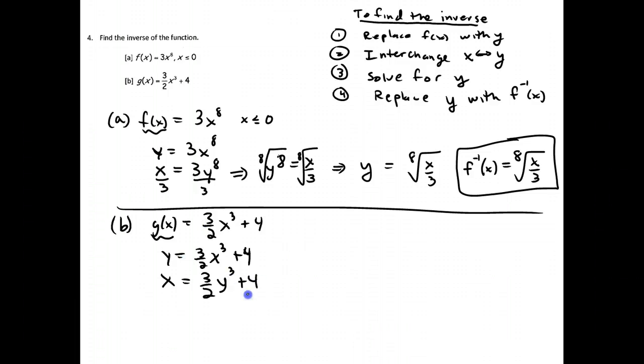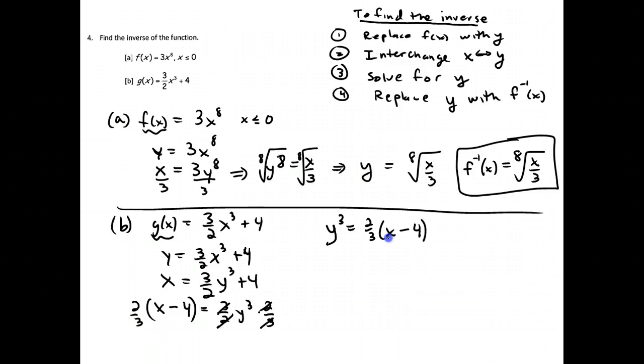Subtract the 4 to give you x minus 4 equals 3/2 of y cubed. Let's multiply by 2/3 to do it all at one time. Now we cancel the 3 and cancel the 2. So we'd have y cubed is 2/3 of the quantity x minus 4. Very important you put the parentheses around that.